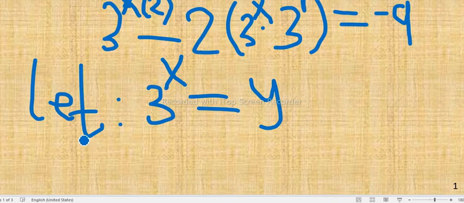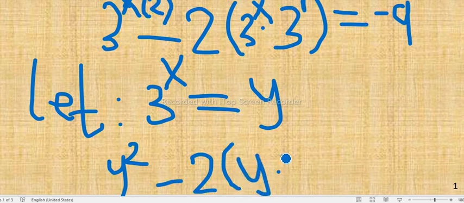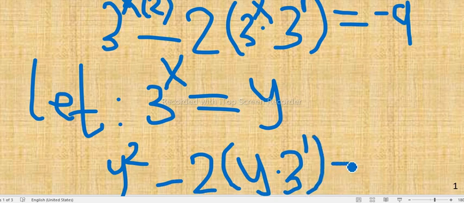After that, I'm going to substitute this y into the expression. Instead of writing 3 power x, I'm going to write y. But remember, there is power 2. Minus 2 then y, that is 3 power x times 3 power 1, is equal to negative 9.